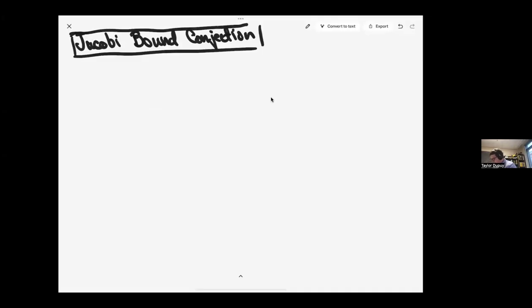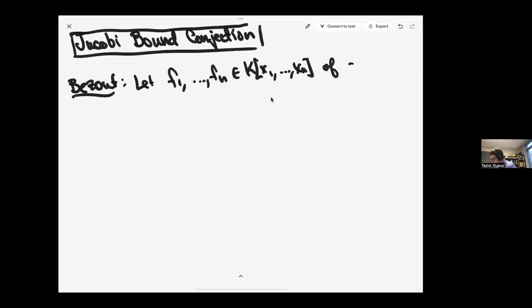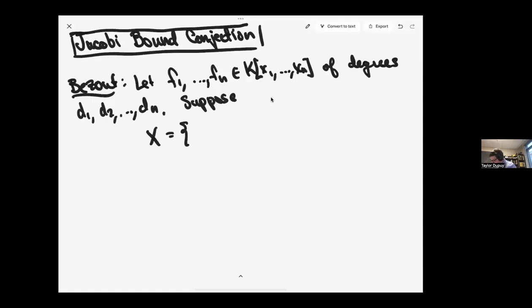All right. So let me start with Bezout. Bezout's theorem says if we have F1 through Fn, let's say we're working over an algebraically closed field, of degrees d1, d2, up to dn, and we look at this variety X, the set of vectors a in k^n such that f1 of a is equal to 0 all the way up to fn of a is equal to 0.